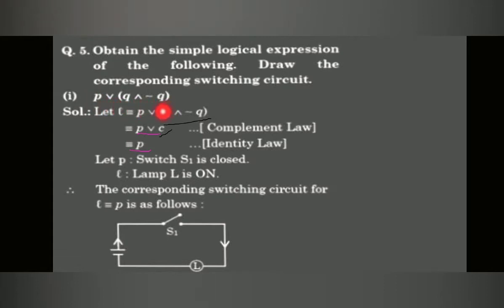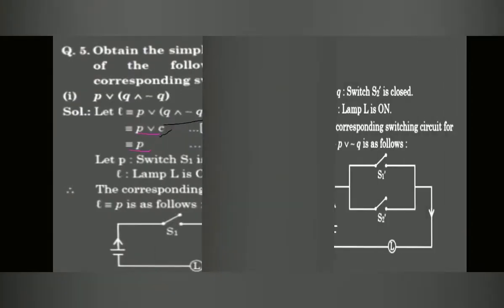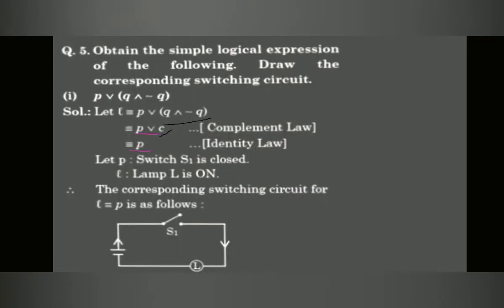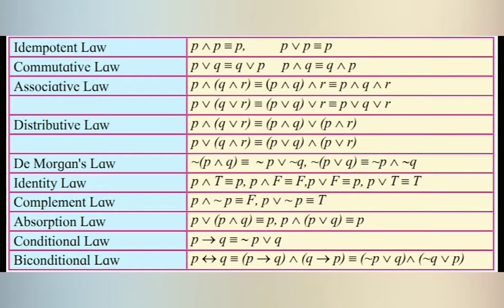First statement write as it is, P or in bracket Q and negation Q. Now apply the complement law to this bracket. Complement law means P and negation P is false, F. See again the laws: complement law, associative law, distributive law.